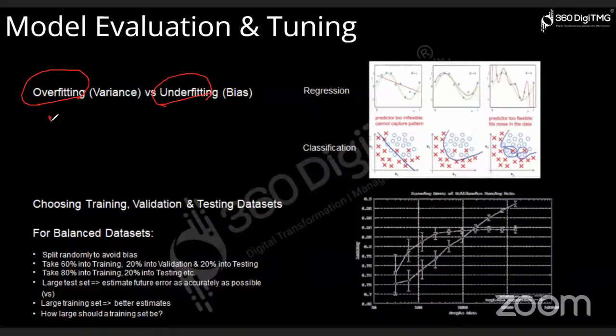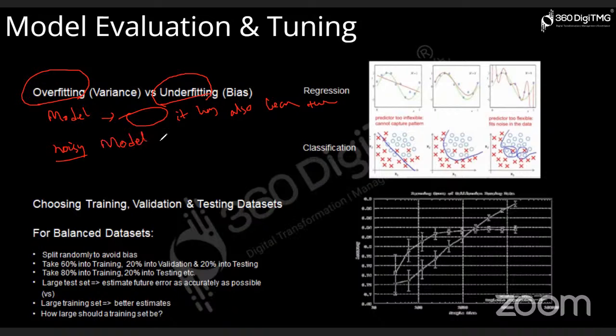we are having a model which has trained so rigorously on our data that it has also learned the noisy data. Okay, noisy data meaning the outliers also it has taken as the data. Or we can say the model is too complex.